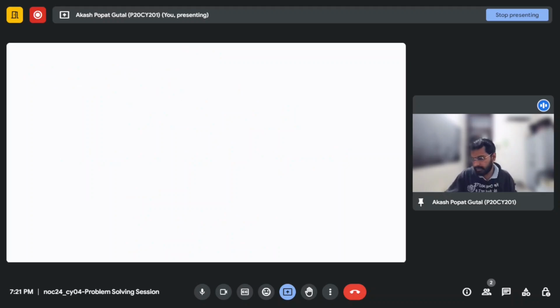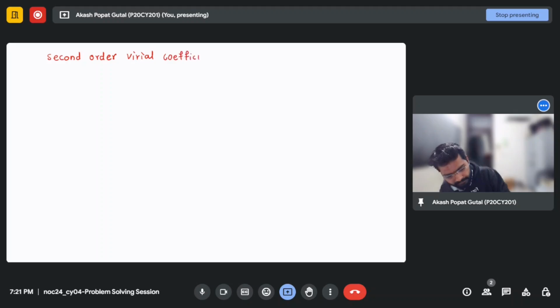So the next thing we learned about is the second order virial coefficient. What is the functional form of the second order virial coefficient?